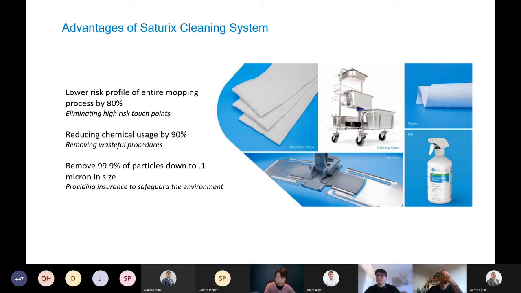I don't know if you picked that from the video or not, we have this mop drop. Basically, you press the lever of the handle against the stainless steel part of the cart, and the mop just automatically drops into the trash bag.